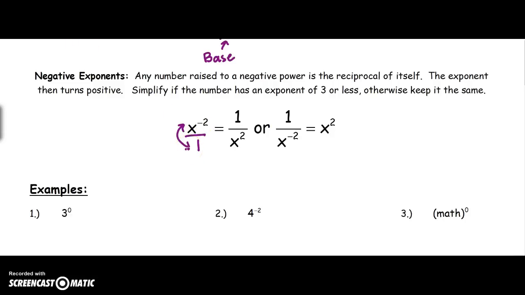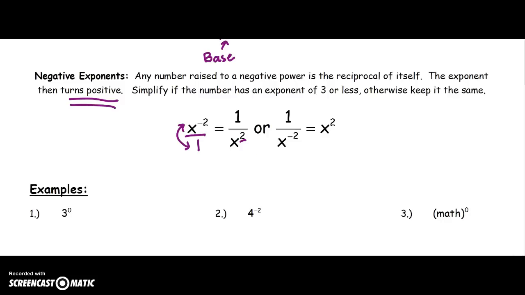So what is on the bottom is now on the top, and what's on the top is now on the bottom. But when you do this, that exponent turns positive. So notice in this example you have -2, but when you take the reciprocal, it now becomes a +2. That is because when you take the reciprocal, it is now in the place it should be.